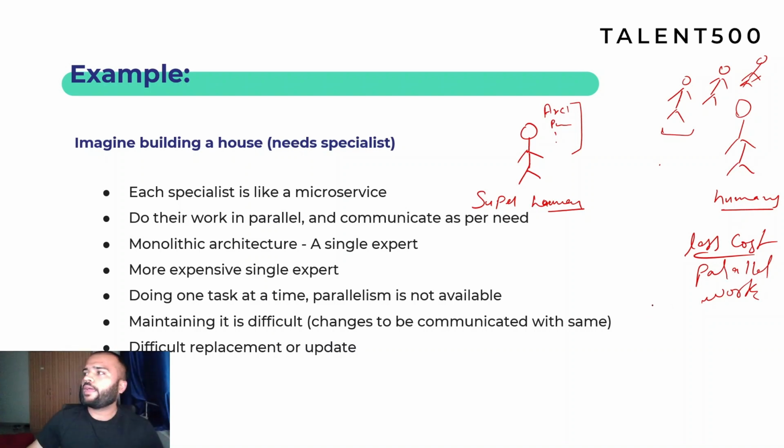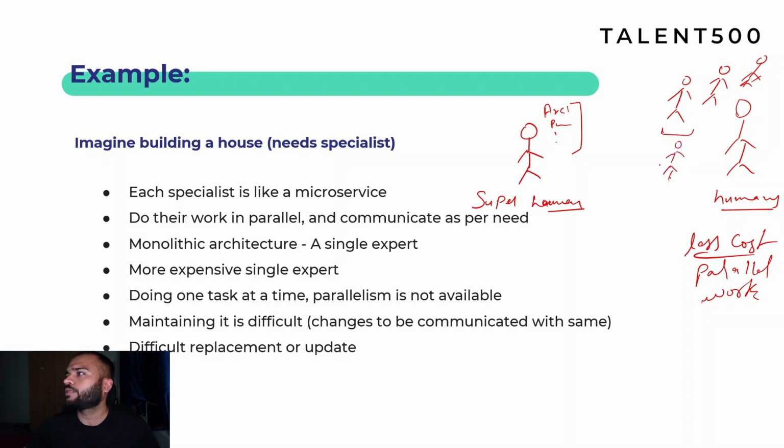Also, when you have to, let's say, increase the speed of one of the tasks. Let's say this is a plumber, and for plumbing there is a lot of work, so you need 2 plumbers or 3 plumbers. You can individually call more plumbers. They are normal humans.